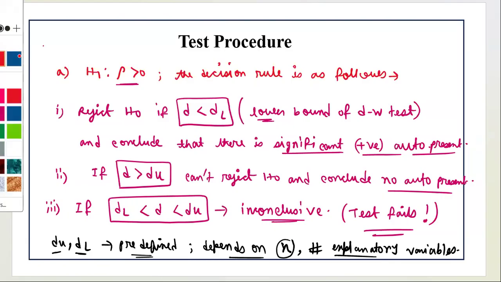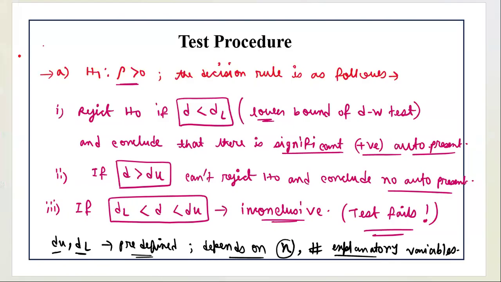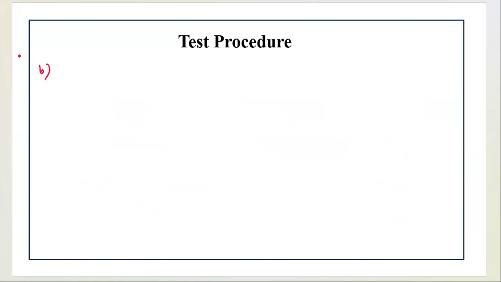So now let's go into the second case, case B, where our alternative hypothesis H1 is rho less than 0. That is, we are checking for negative autocorrelation. Here, what will be the decision rules?